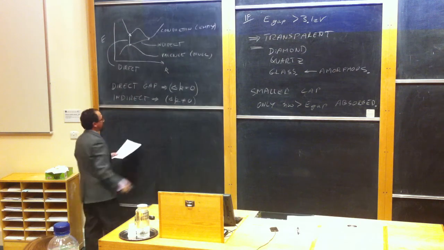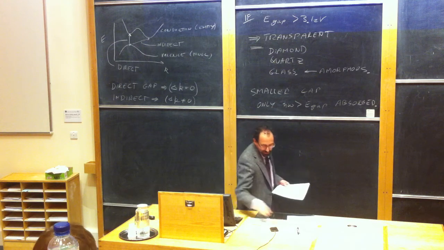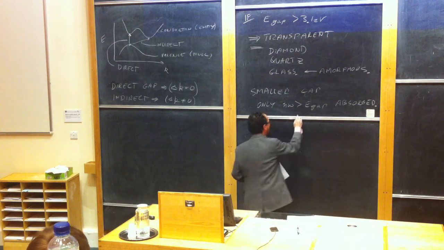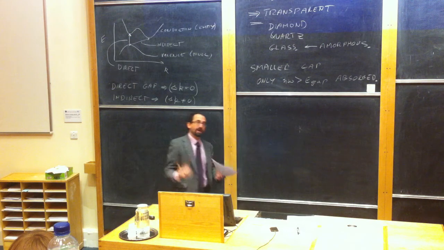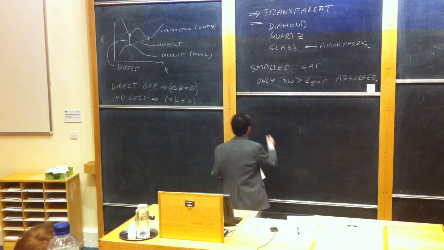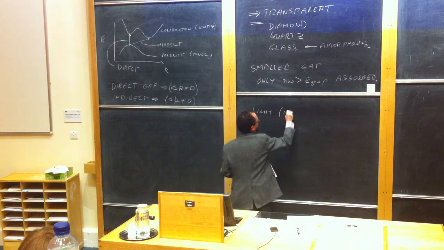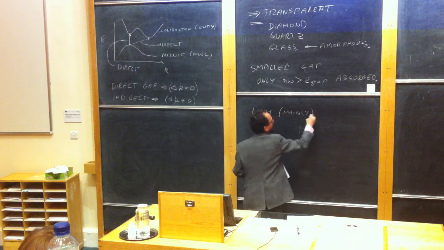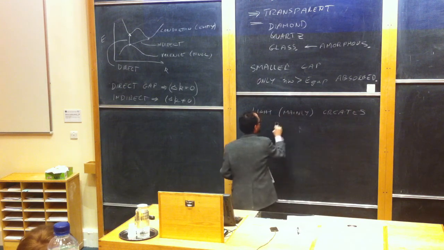Okay, so you can have these two different types of gaps in the material, and we should ask what kind of excitations can be made by light? Well, it takes only a little bit of thinking to realize that light mainly creates direct transitions.